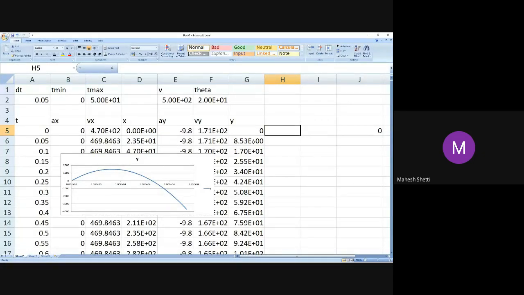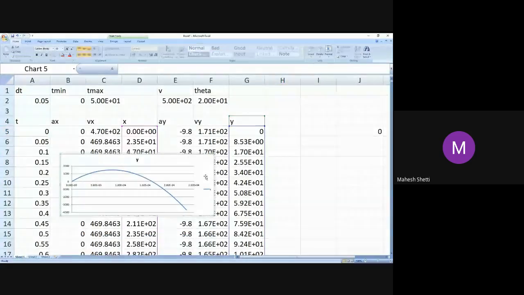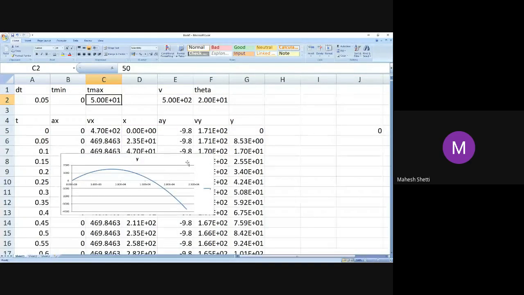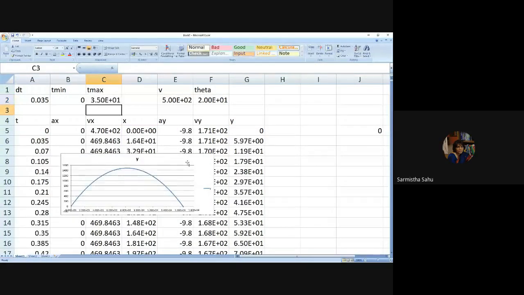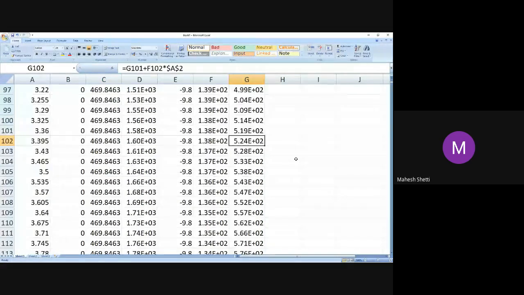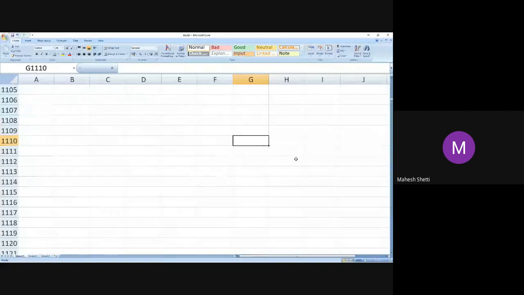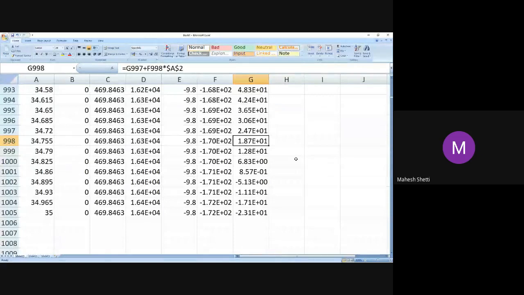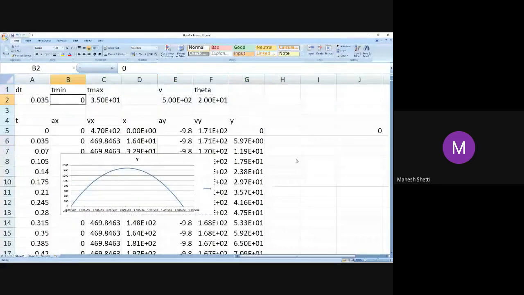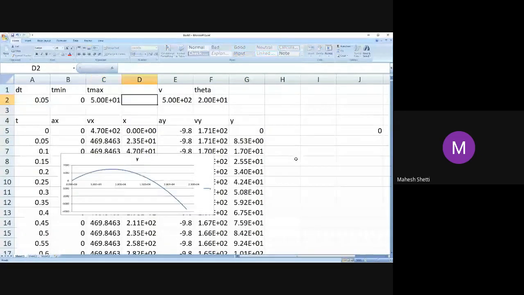Those things can be done, but I wanted to do some elegant way. Let me do a more important thing: can you not scroll down and see where positive and negative changes? Yes, it's possible, but for 1000 points I was a bit lazy to do that. And in this case it is not becoming negative, but if I make it 50, yes, it will become.